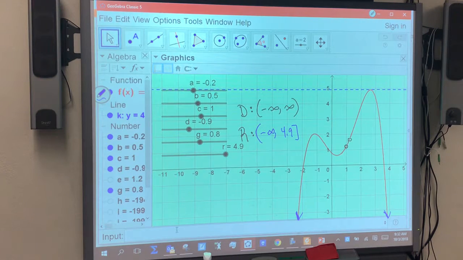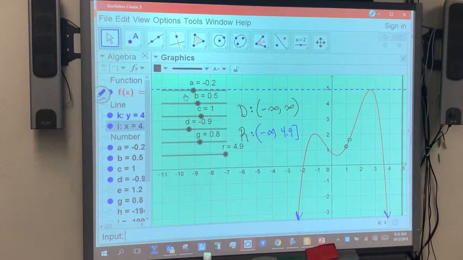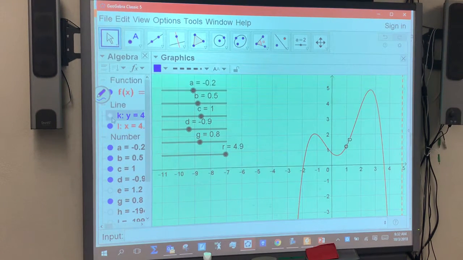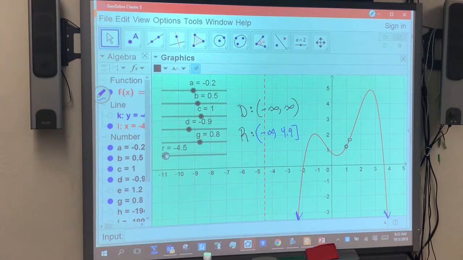When I put in my line x equals r, let's make that dotted, let's make it red, let me hide that line. Okay, so we're doing our domain, going left to right. We're going to start at negative infinity, go up, and we get to here.